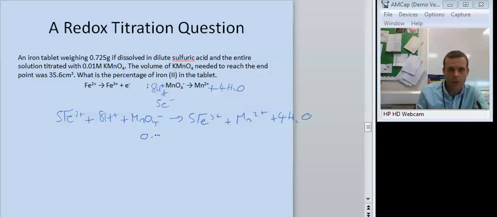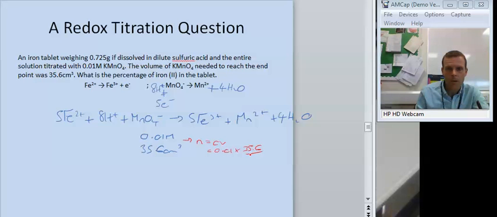Now the important ratio, so now we're just in a stoichiometry calculation, because I've been told I've got 0.01 molar of that, and I'm using 35.6 centimeters cubed. So I can convert this to a number of moles. That's going to be n equals cV, so 0.01 times 35.6 over 1,000, which is 3.56 times 10 to the minus 4. Then the mole ratio is 1 to 5.